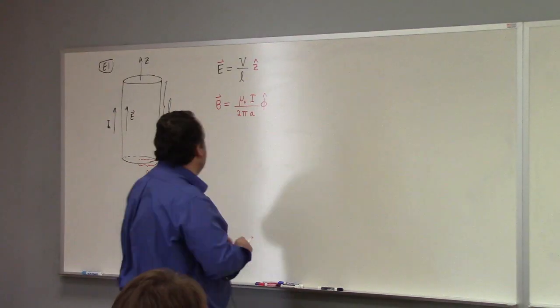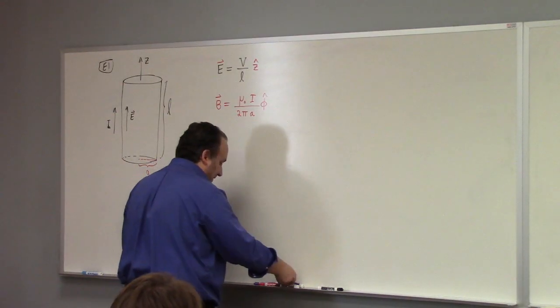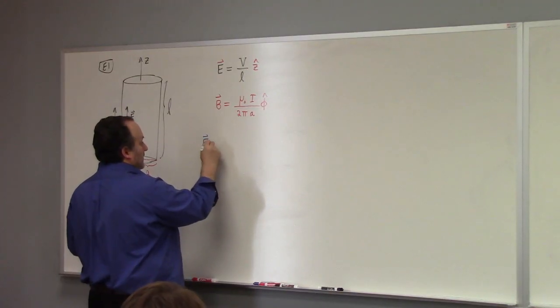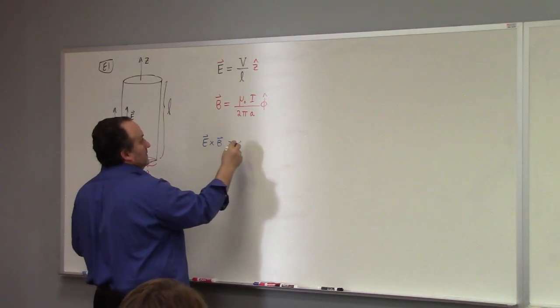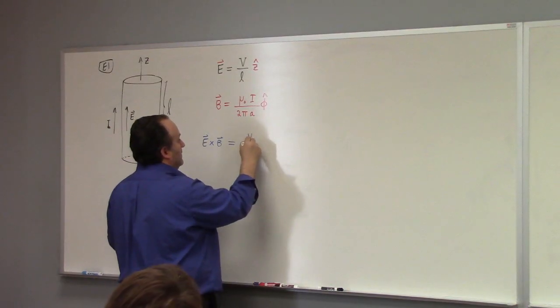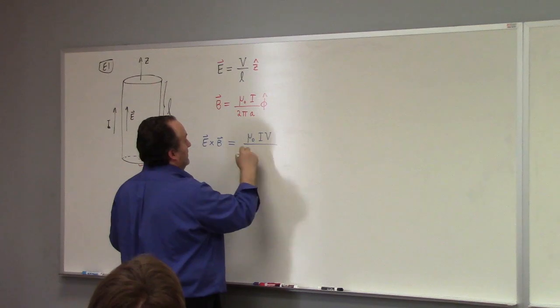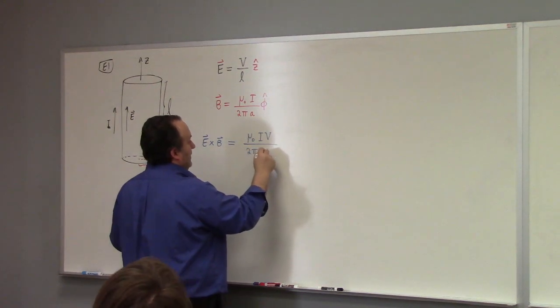Then we can calculate the cross product of the electric and magnetic fields, right? So E cross B, you got yourself mu naught IV divided by 2 pi AL.